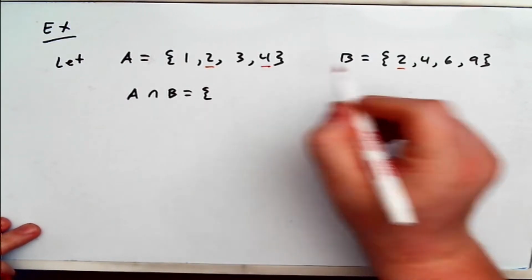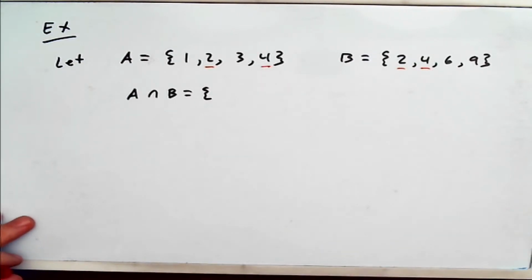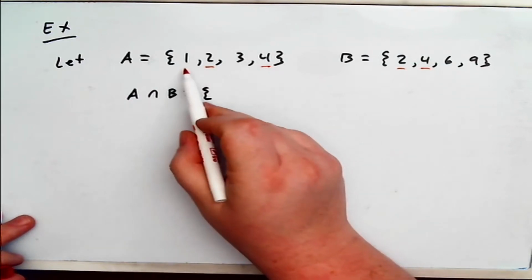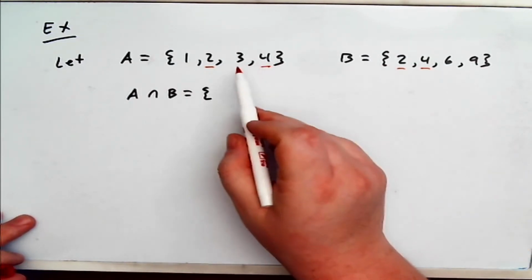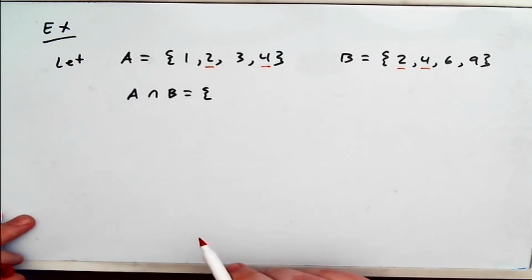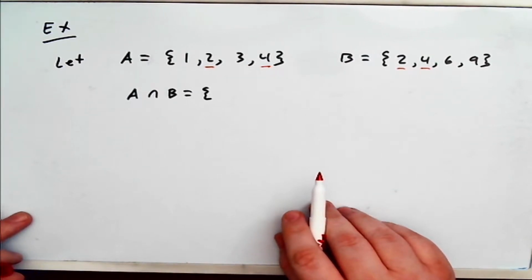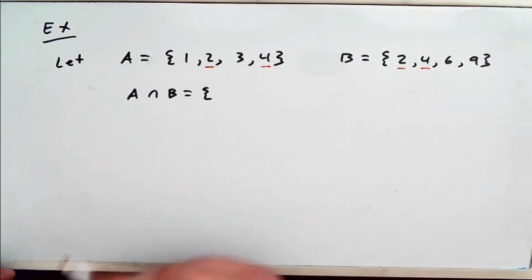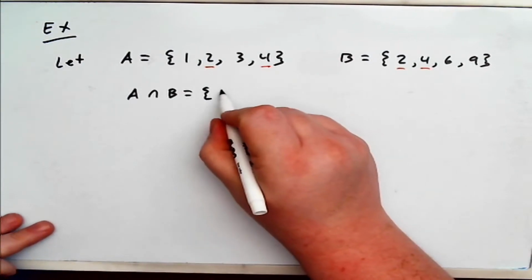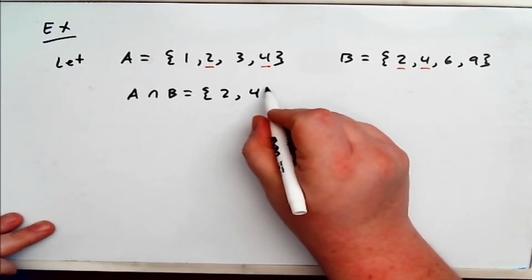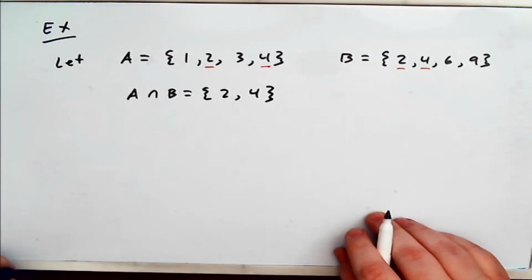And we also see that 4 is in both sets. Notice nothing else is in both sets, right? 1 is not in B, and 3 is not in B. So therefore, there are no more shared elements. There's no more common elements. Okay? So then the intersection A and B will be precisely these two elements, 2, 4, and that's our intersection.